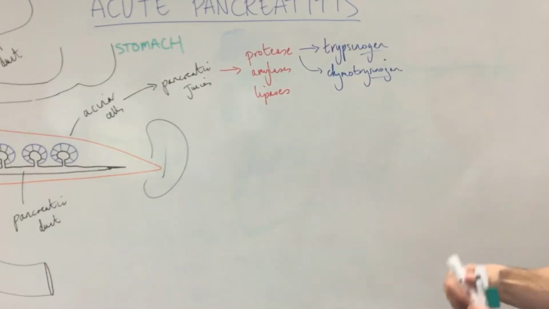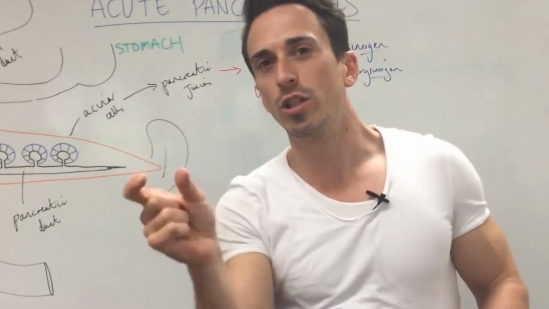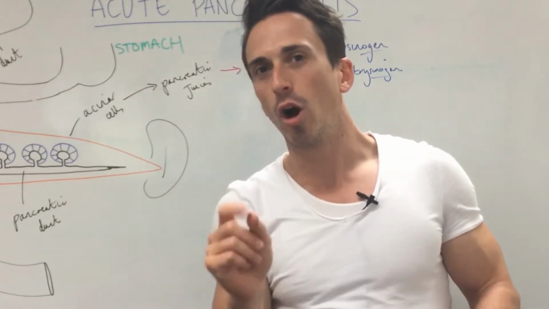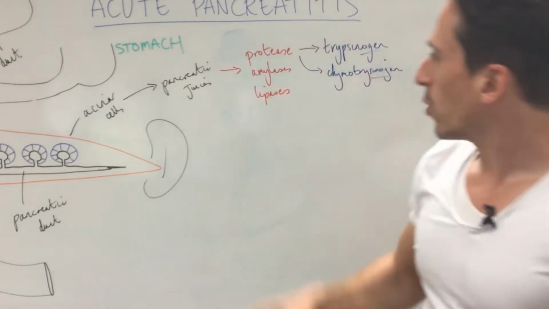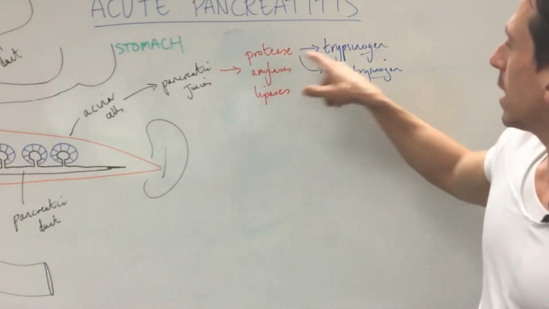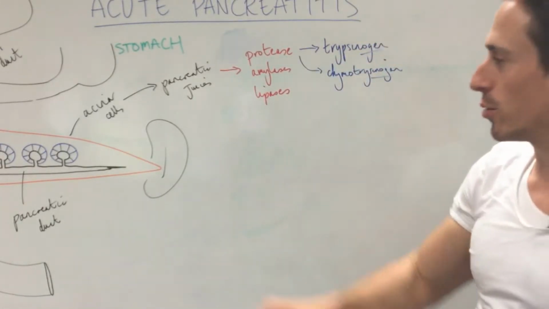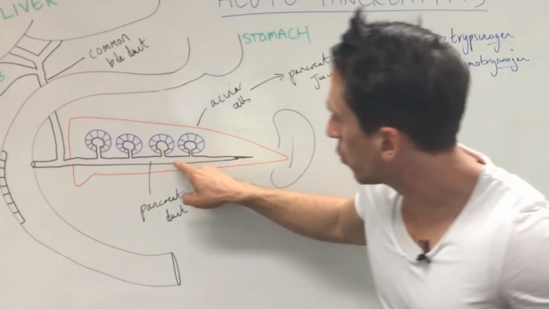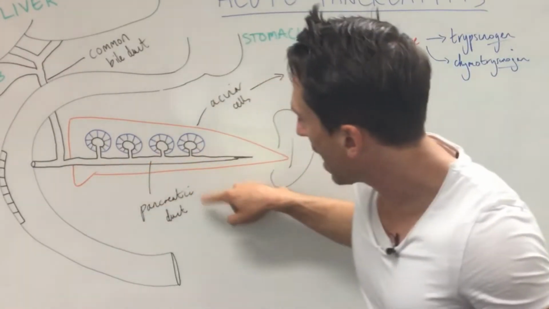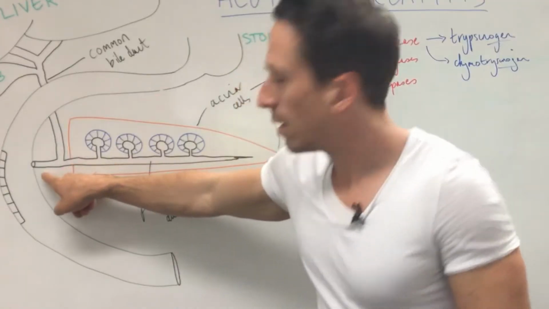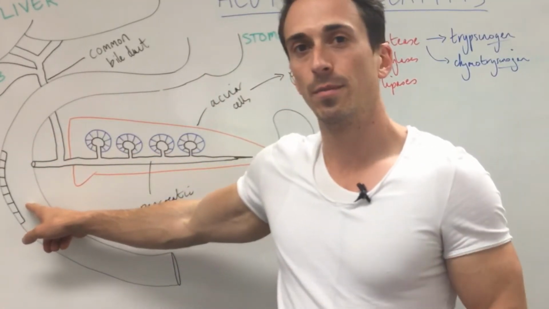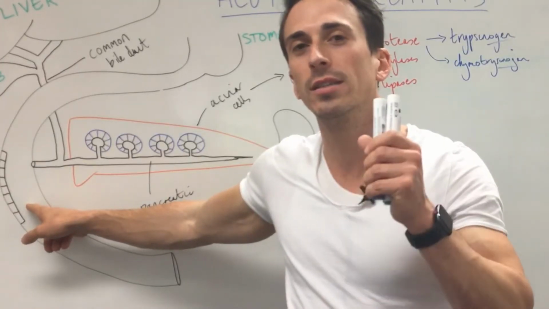Now what that means is, when you see the suffix OGEN, it means that it's the stored and inactive form of that particular molecule. So when these proteases, trypsinogen and chymotrypsinogen, are released from the acinar cells into these ducts and then squirted from the pancreatic duct through the pancreatic ampulla and into the duodenum, they are inactive, which means they can't break proteins down.